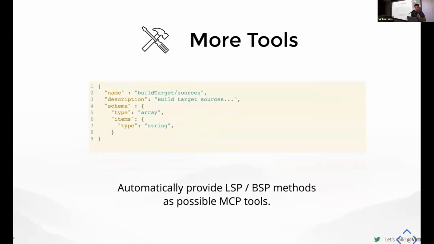We could possibly try to map every LSP and BSP method as an MCP tool. Not sure if it's a great idea, but it's an idea. It might be useful, for example, if we want the server to know about resources that are available within a module, then BSP has exactly a method for that. So we could try to have some way of automatic mapping.